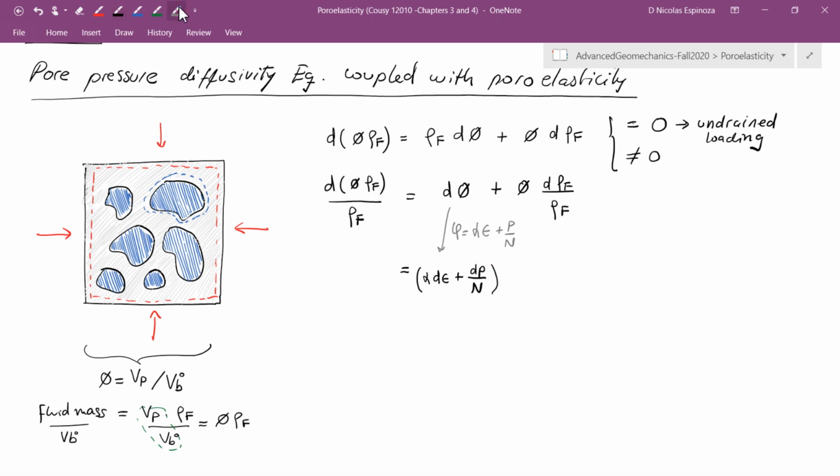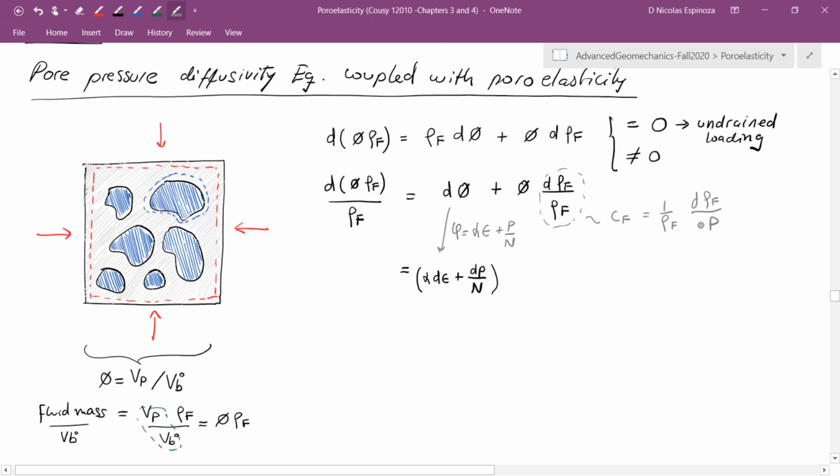For the second part, we're going to take advantage of the definition of compressibility. The compressibility of a fluid, C_f, is defined as the change of density of the fluid divided by the original density of the fluid caused by a given change of pressure.